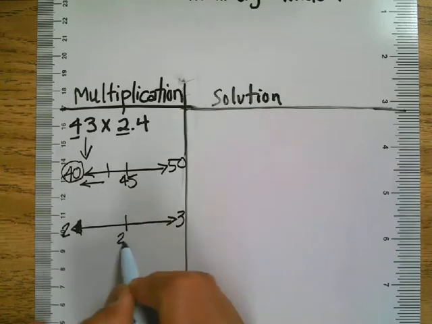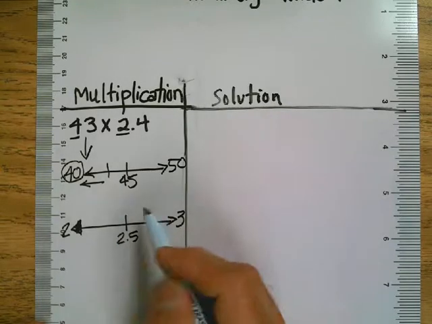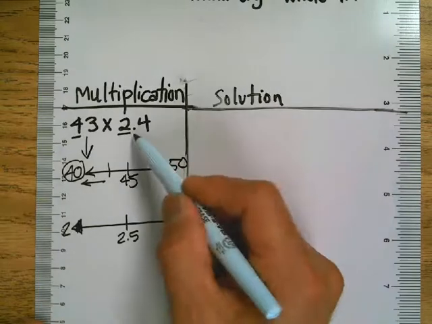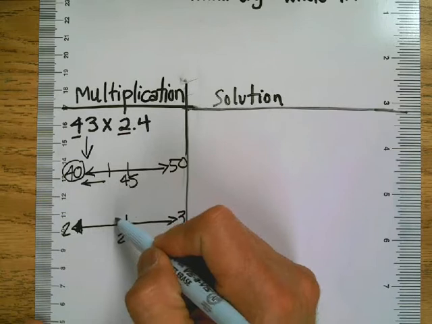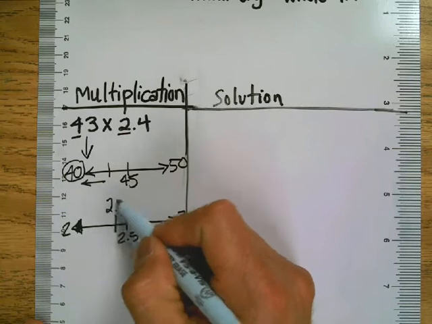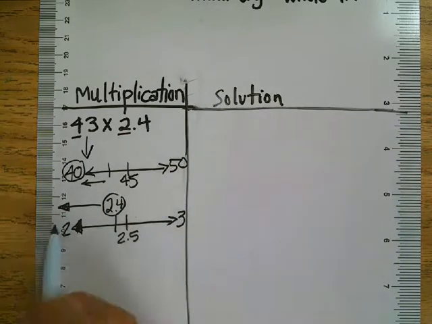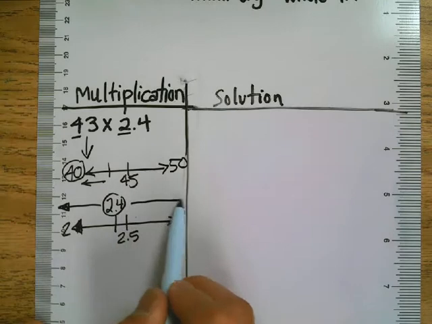And this is why we set it up this way, because we need to find where 2.4 is. And 2.4 is located in this area. We see that 2.4 is closer to 2 and farther away from 3, so we round to 2.